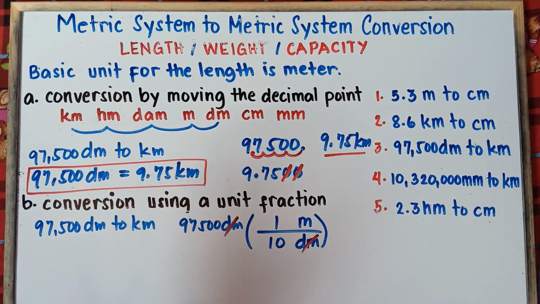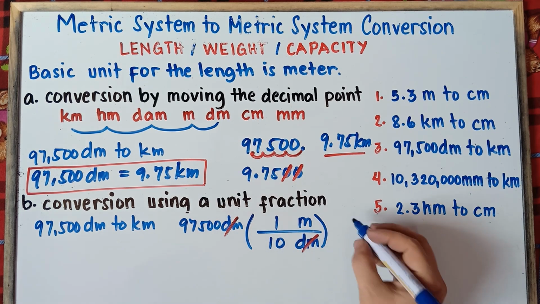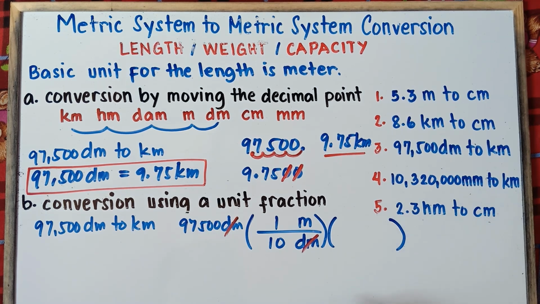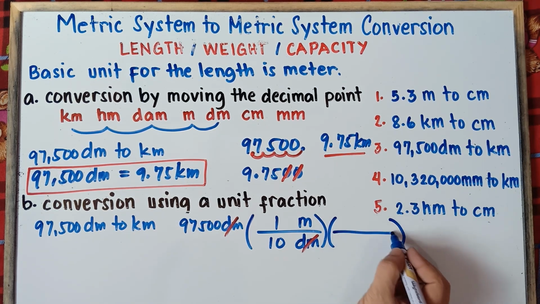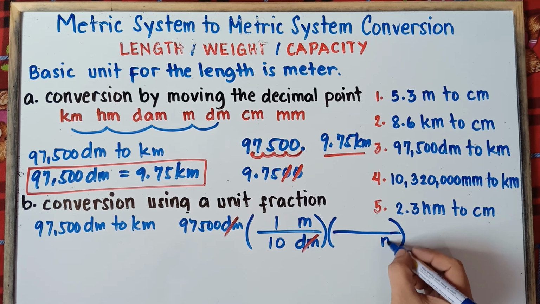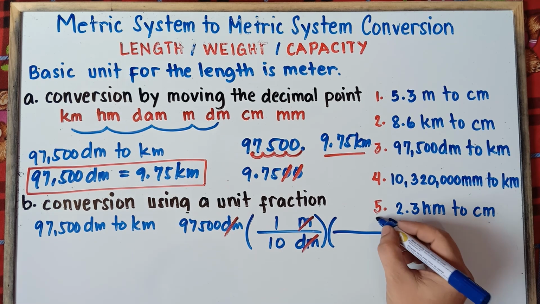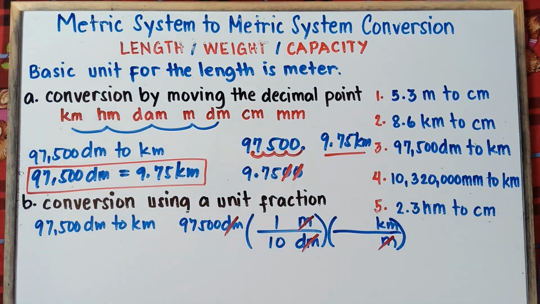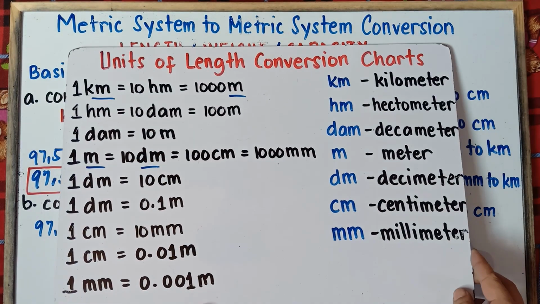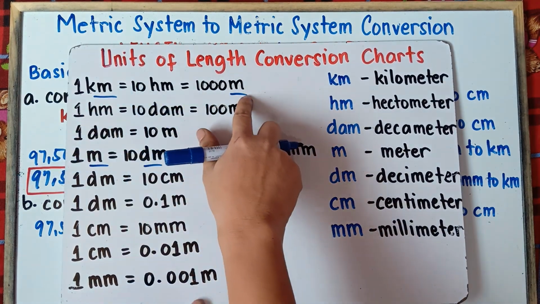Then we put another parenthesis because we need to convert meters to kilometers. If this is meter, our units on the denominator must also be meter so that we can cancel out the units. Then we convert into kilometer. The conversion is 1 kilometer is equal to 1,000 meters.